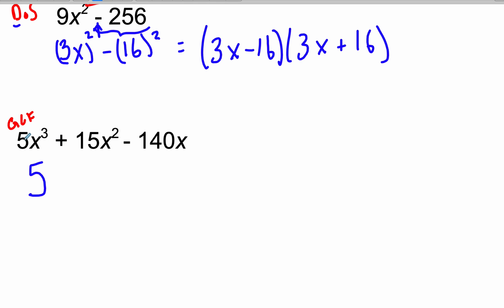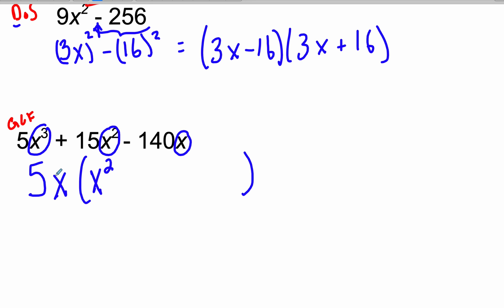Okay, so notice that 5 goes into 5, 15, and 140. Also note that there's an x, at least one x. Here's x squared, so it's xx. And here's x times x times x. So I can also take out an x. So if I take 5x out of 5x cubed, all I have left is x squared.